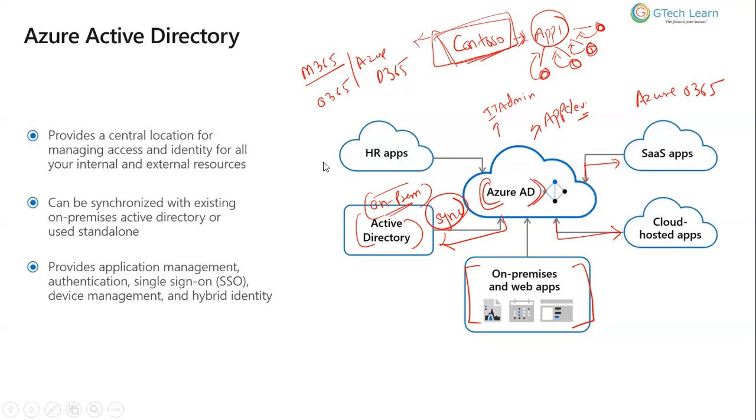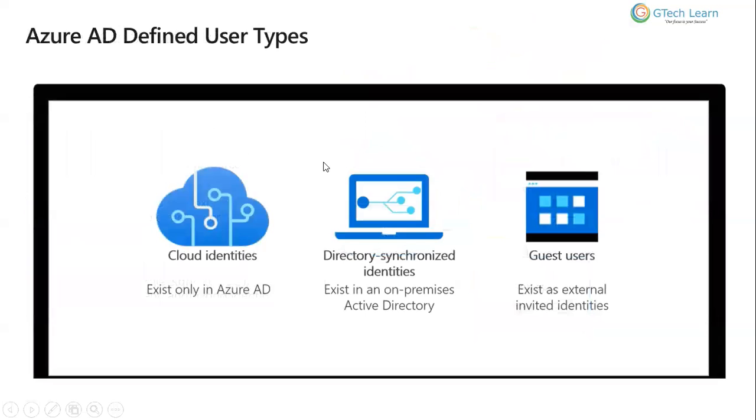Let's go ahead with the next slide, which is talking about the Azure AD defined user types. As I told you, inside the Azure Active Directory we can manage our users. In the Azure Active Directory, there are different user types available.